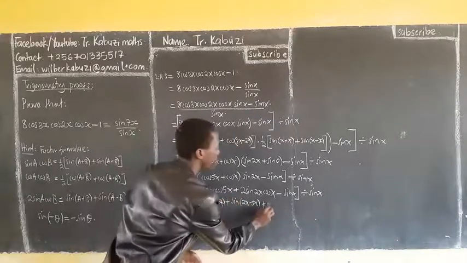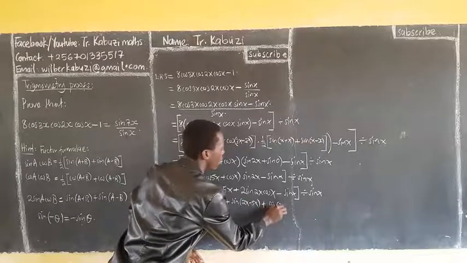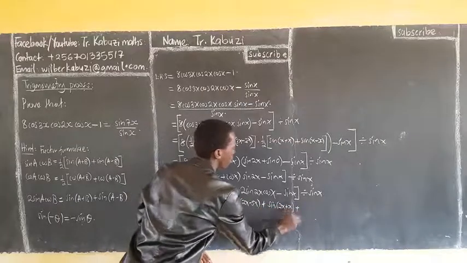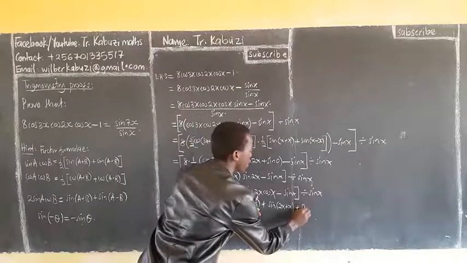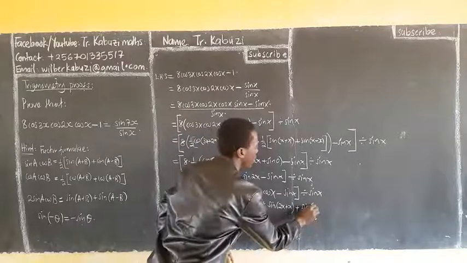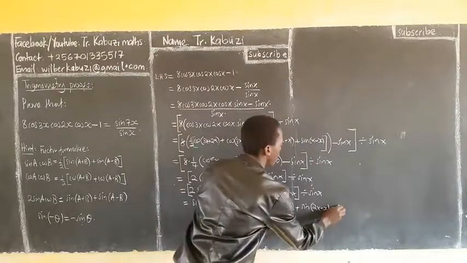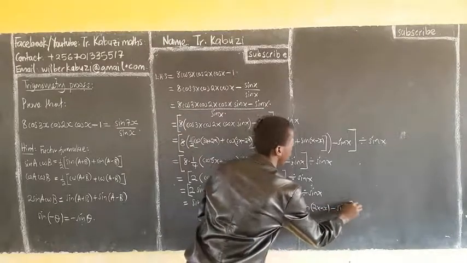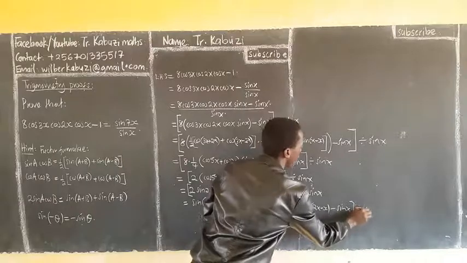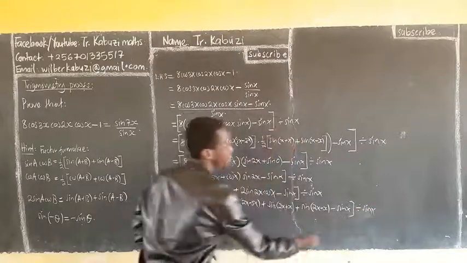Then plus, when you subtract those angles, then minus sine x, the whole divided by sine x.